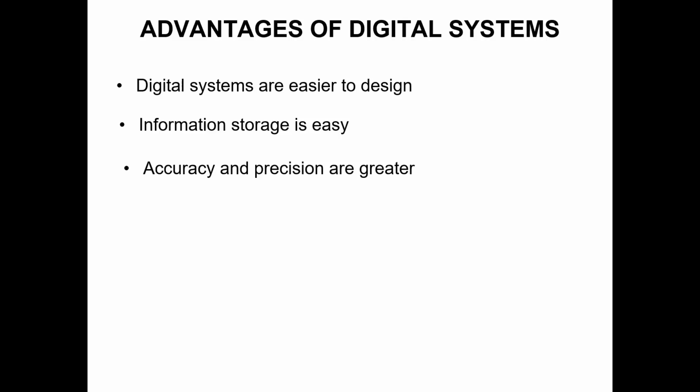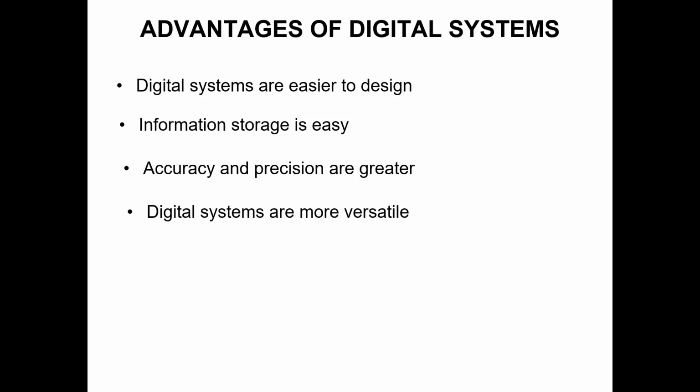Accuracy and precision are greater. Digital systems are much more accurate and precise than the analog systems because digital systems can be easily expanded to handle more digits by adding more switching circuits. Analog systems will be quite complex and costly for the same accuracy and precision.